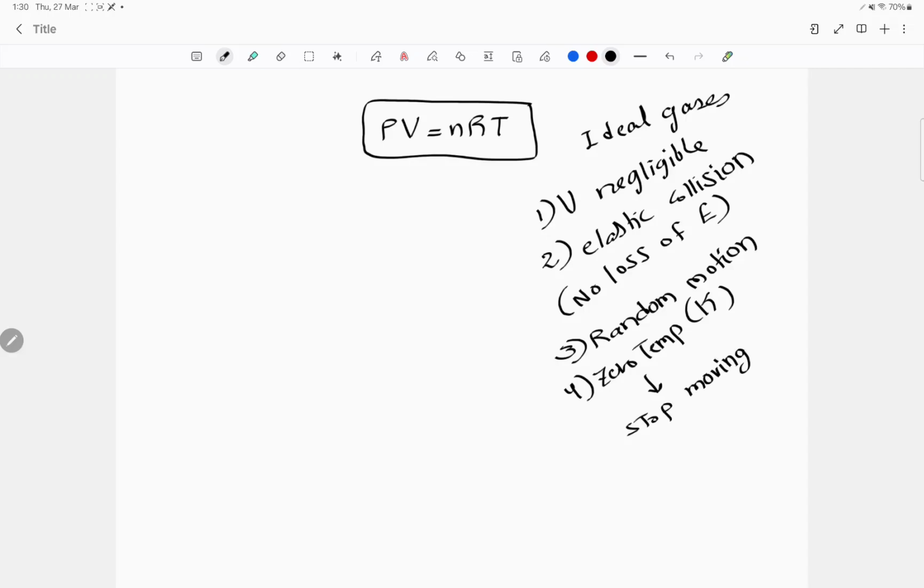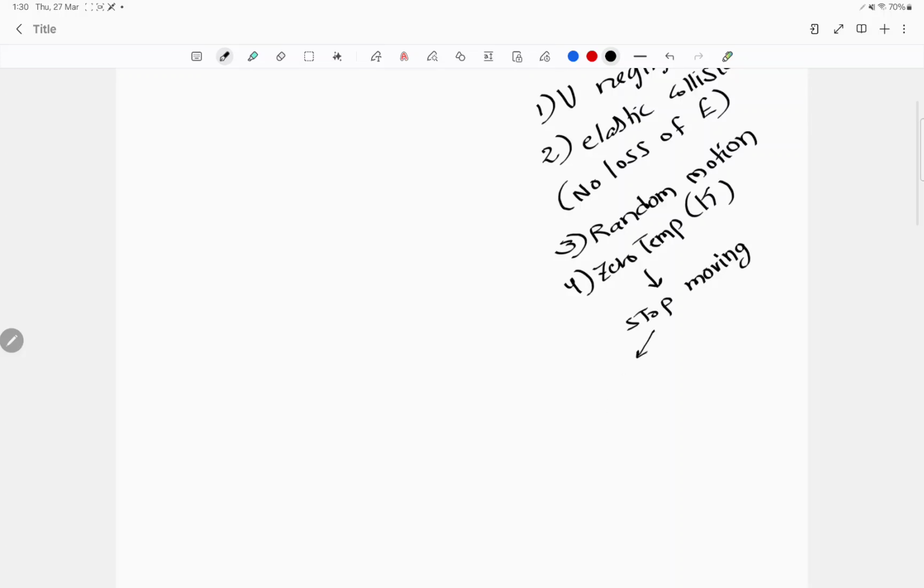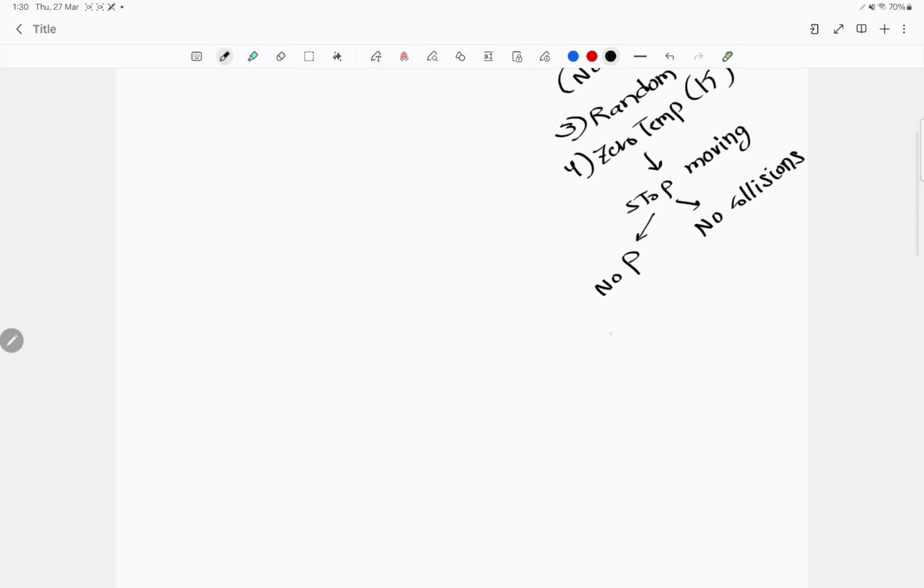If they can't move, they will have no pressure and no collisions. Also, temperature determines their speed, and temperature determines their force of collision.